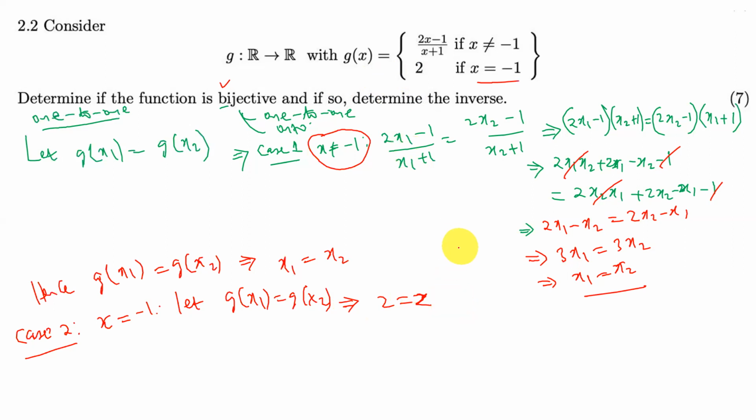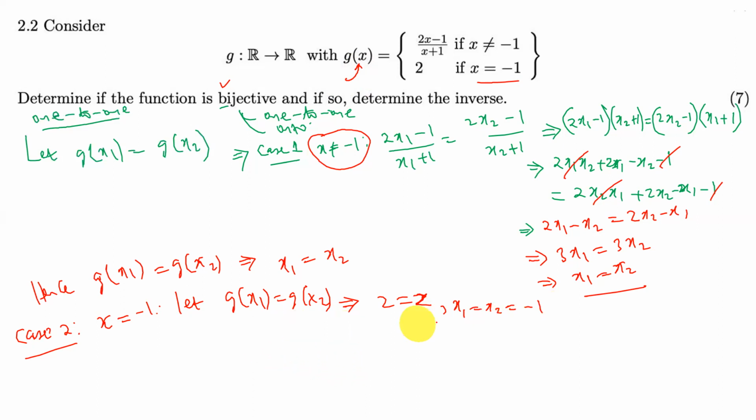That would mean 2 is equal to 2, but 2 is equal to 2 at the argument of the function when the argument is minus 1 in each case. So it means that x1 and x2 are both equal to minus 1.